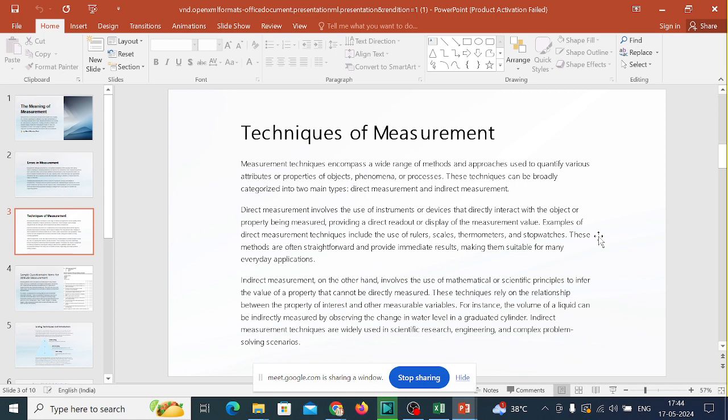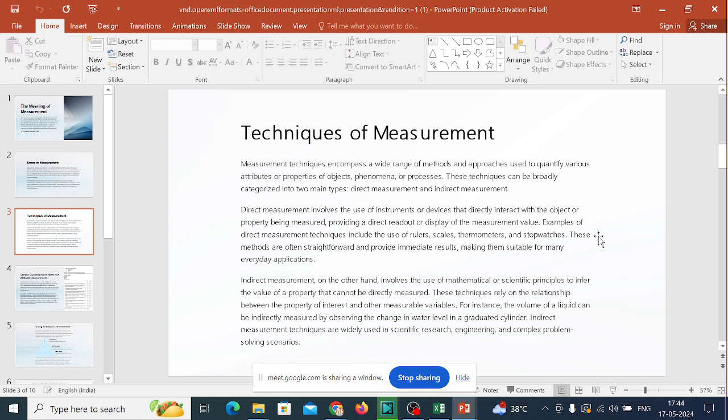Indirect measurement, you need to observe for a longer period. This is called indirect measurement.